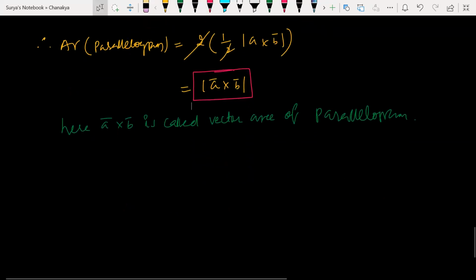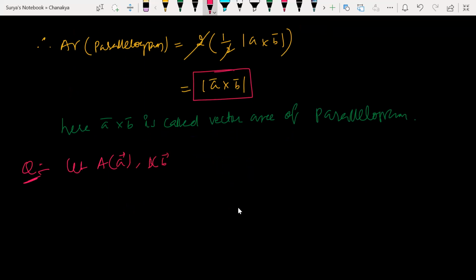Okay, sir. Now we'll solve a question. Let vectors a, b, c be the position vectors of the vertices of triangle ABC.